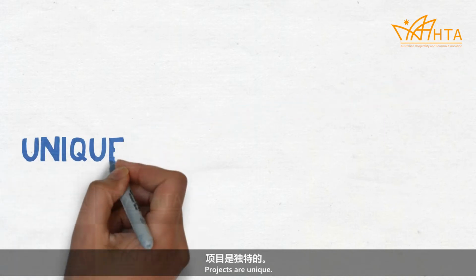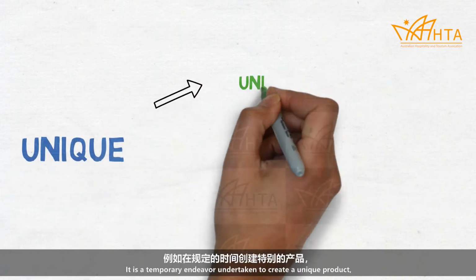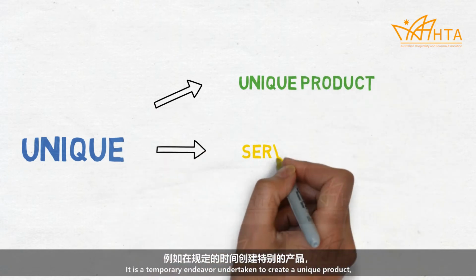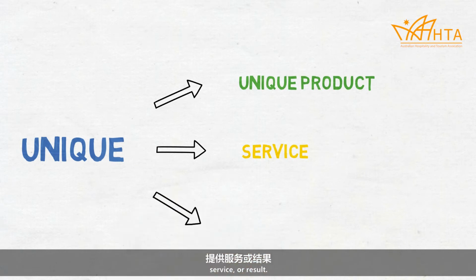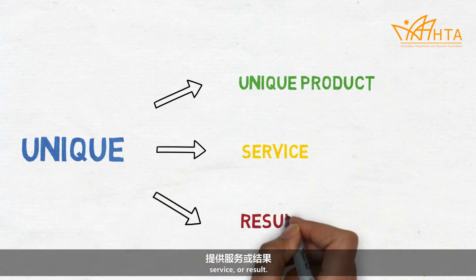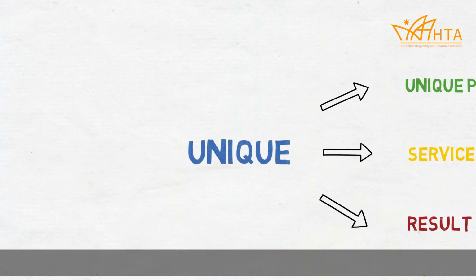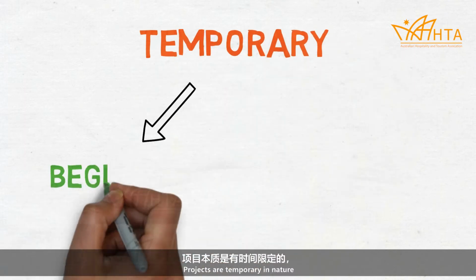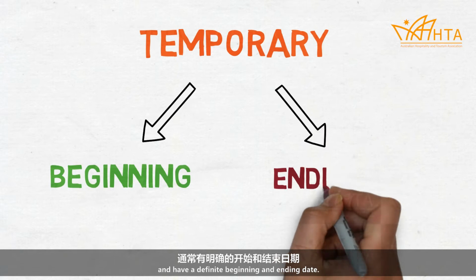First, projects are unique. It is a temporary endeavor undertaken to create unique products, services, or results. Number two, projects are temporary in nature and have definite beginning and ending dates.